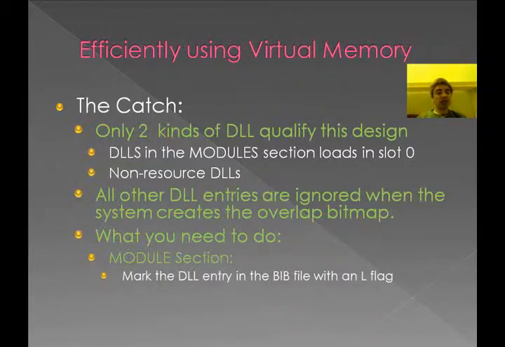So here is the catch: the DLLs which are in module sections and loaded in slot 0 can take advantage of this design, and the DLL should not be a resource DLL. As you know, resource DLLs use a different slot for their content. That's why the DLL must not be a resource DLL, and must be in the module section loaded into slot 0.